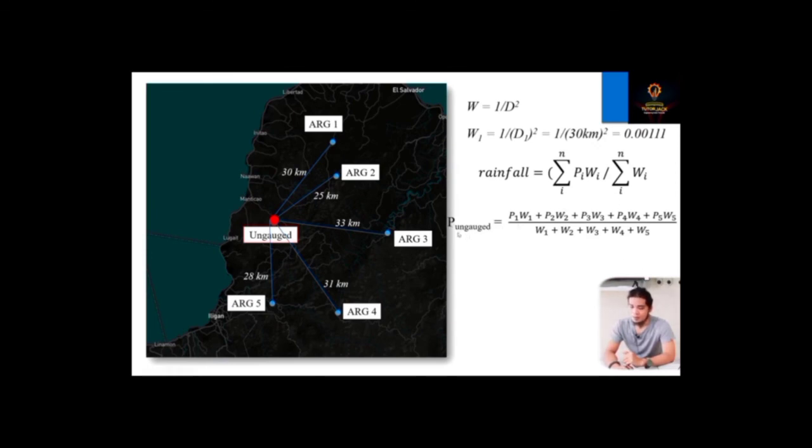Pagkuha mo ng rainfall sa ungauged, summation of PiWi from i to n. Ang n natin dito is 5 kasi 5 rain gauges. And then, we have P1 to P5, and W1 to W5. Denominator naman natin is yung summation lang ng W. Okay? So, makakuha mo na ngayon yung P ungauged.